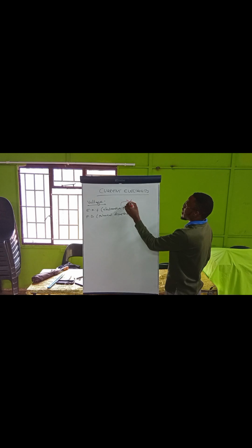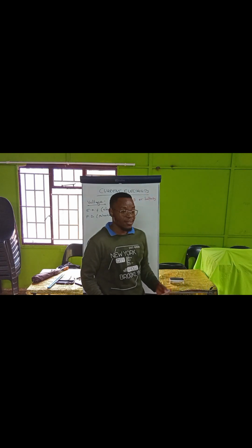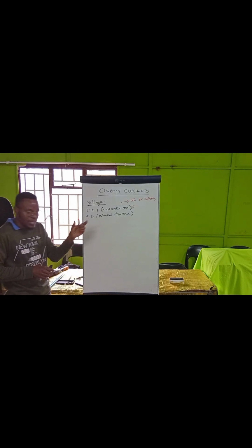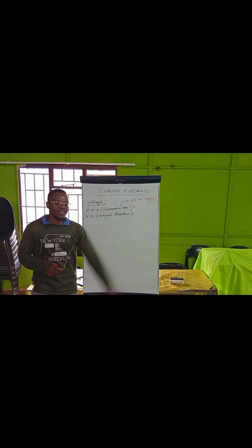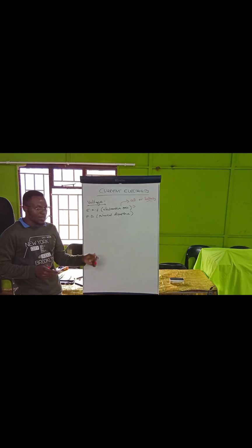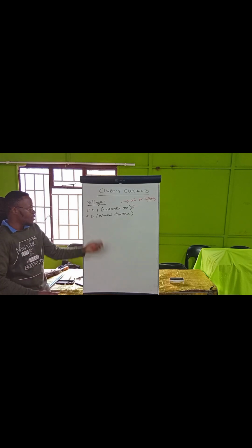If you are looking at a cell or a battery, there's a difference between a battery and a cell. When you're talking about a cell, it's just one source, like a 1.5 volt cell. But once there are two or more, you now call that a battery. In other words, a battery is the plural of cell, although we normally use them interchangeably.